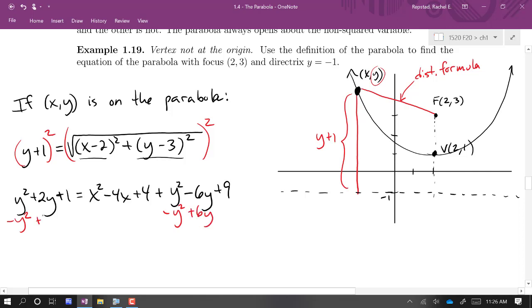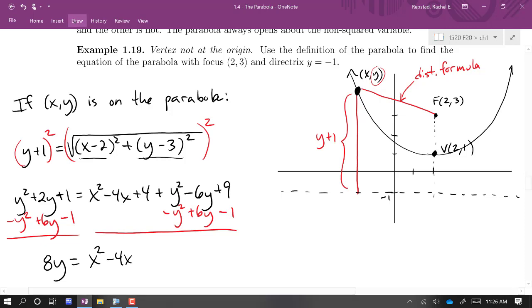Plus 6y, plus 6y, and then I'm going to subtract 1 to get all my constants on the other side. So now what we have is 8y on the left. On the other side here, I've got x squared minus 4x, and then, let's see, 4 plus 9 is 13, minus 1 is plus 12.